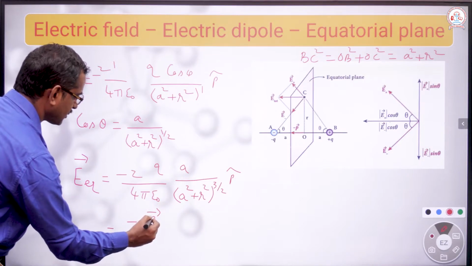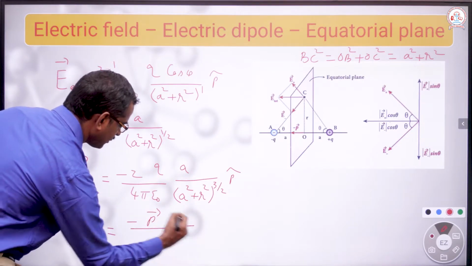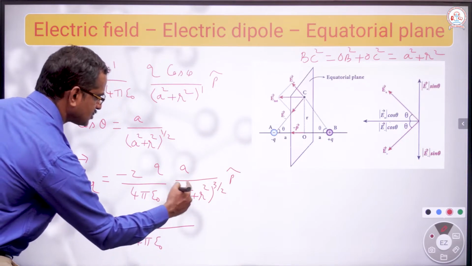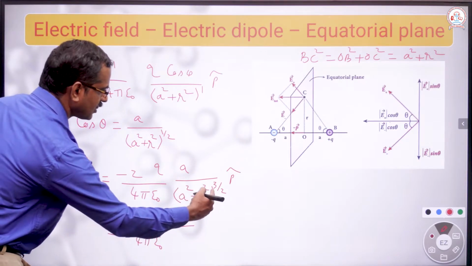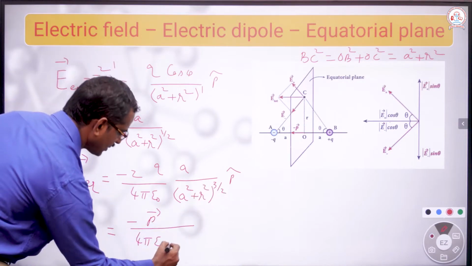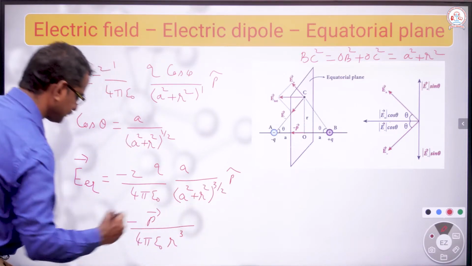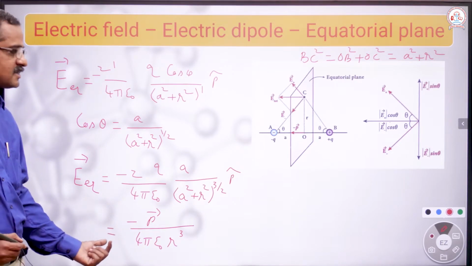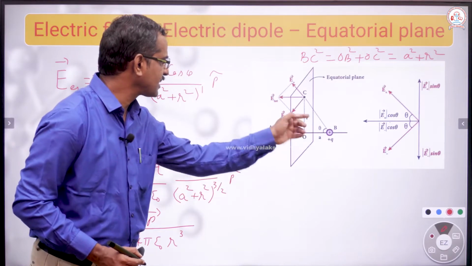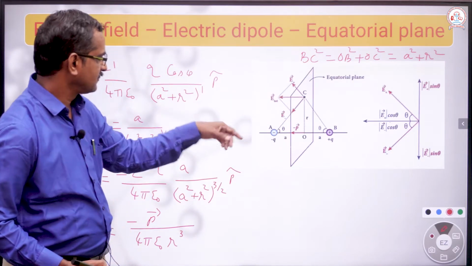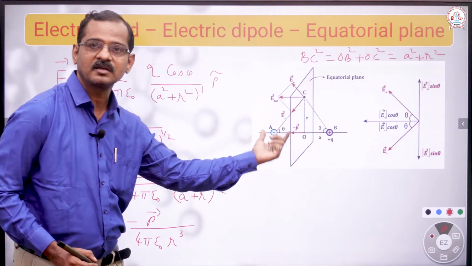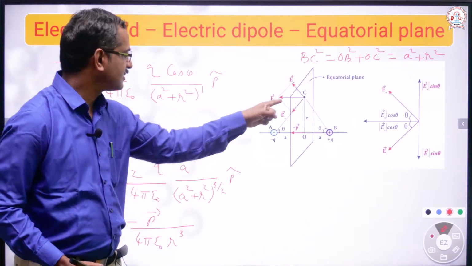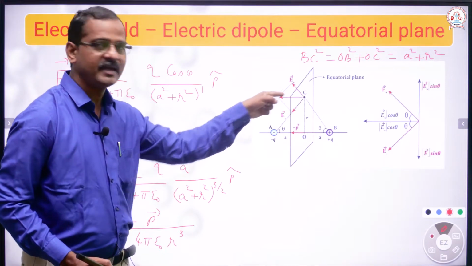So, minus P vector divided by 4 pi epsilon naught, and the 2 gets cancelled, then we will get R cube. Actually, this negative sign indicates the direction in which the resultant electric field is acting. Imagine that the electric dipole is kept along the x-axis, and the resultant electric field is acting along minus x-axis.